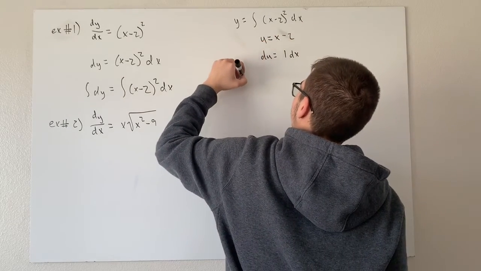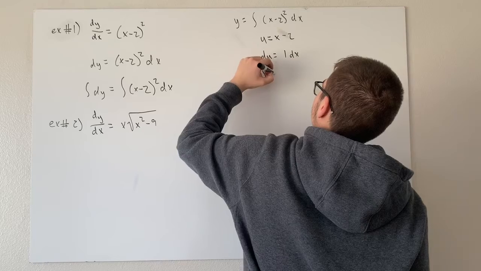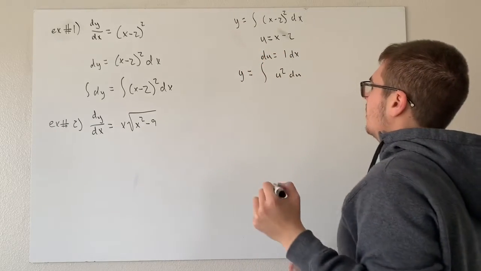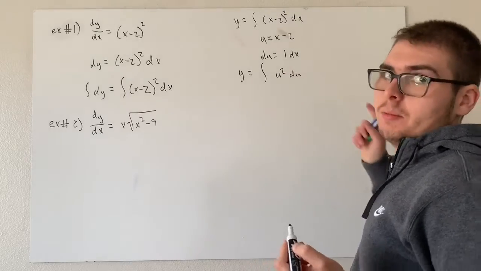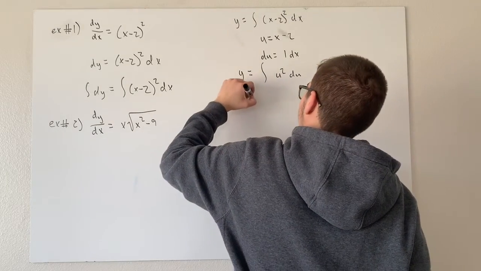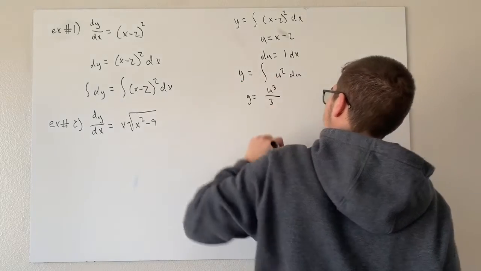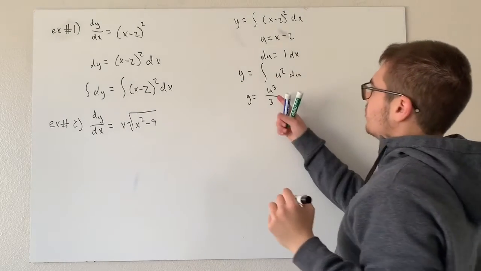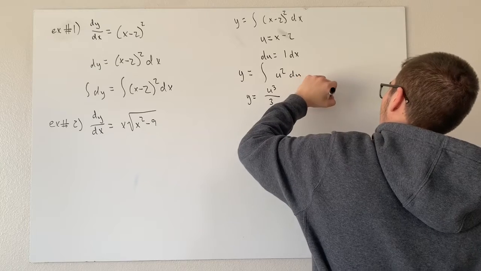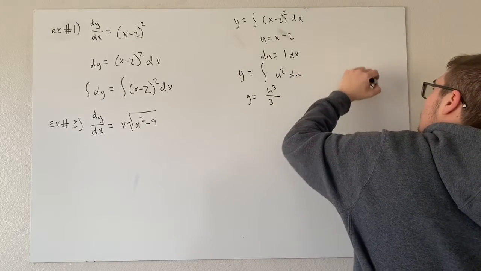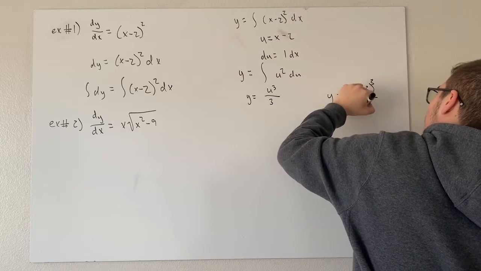So we're going to get y equals the integral of u squared du. Add 1, divide by the number. So y equals u to the third over 3. And just make our substitution back in. So y equals (x minus 2) to the third over 3.